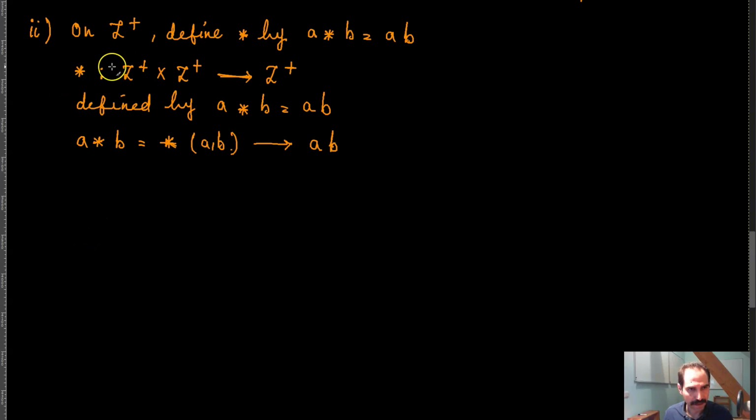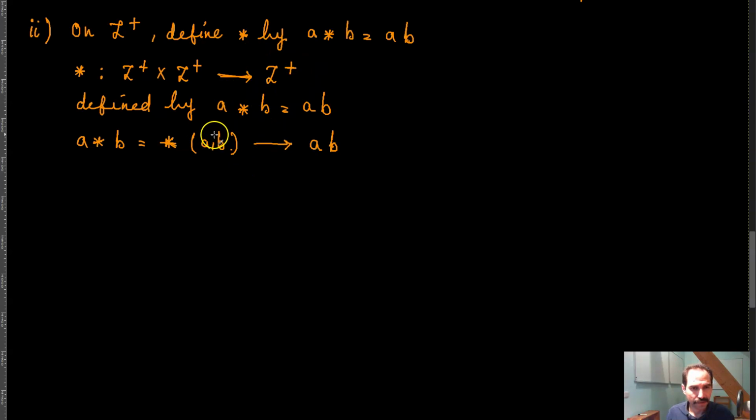If you are to say that this is a function, that means that every member of the domain has to have a unique image in the codomain of the function. The domain of the function becomes the Cartesian product of Z plus and Z plus, and the codomain of the function is Z plus.